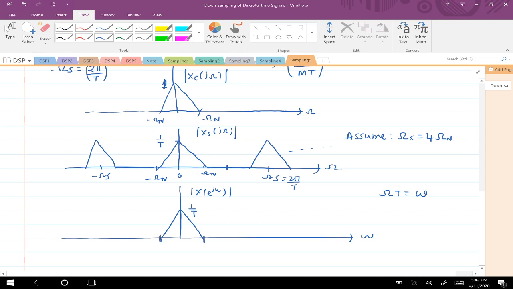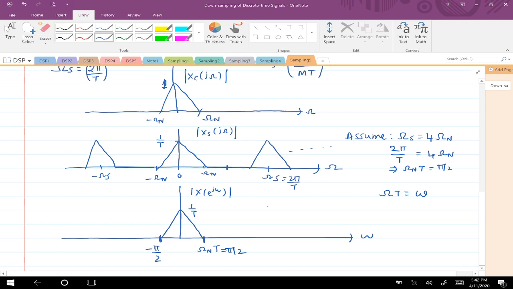This is equal to omega_n times T. If I write it further with this assumption, 2 pi by T equal to 4 times omega_n, right, that implies omega_n times T is equal to pi by 2. So this is equal to pi by 2, and obviously this is equal to minus pi by 2.